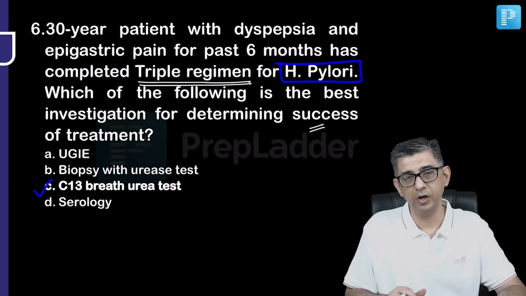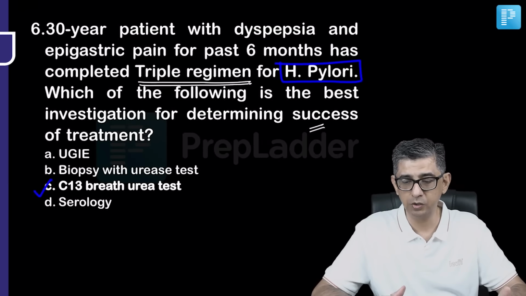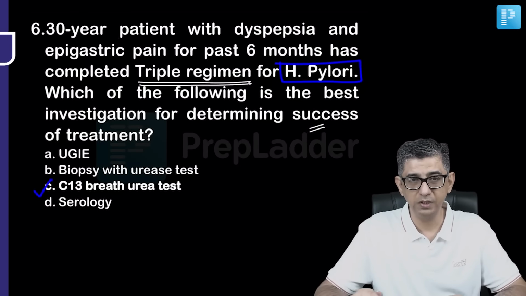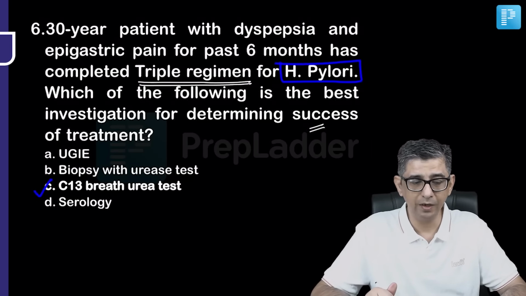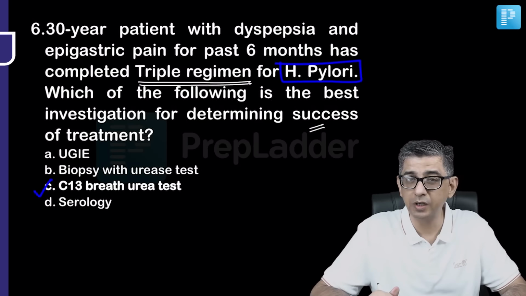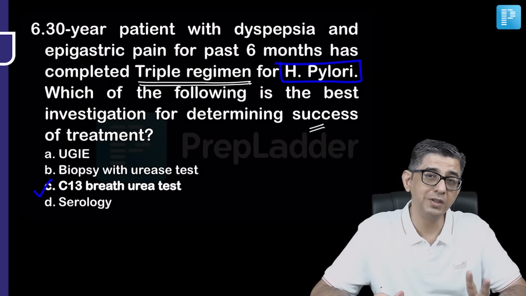The logic to be used here is that non-invasive investigations are always preferred by patients over an invasive investigation. Obviously, one method of diagnosing this patient can be going in for endoscopy and checking the urease. The person was urease positive initially, and then would be checked for urease subsequently. That means two endoscopies have to be done.